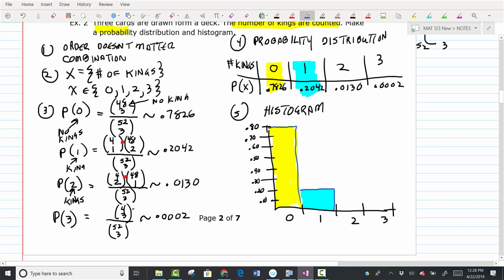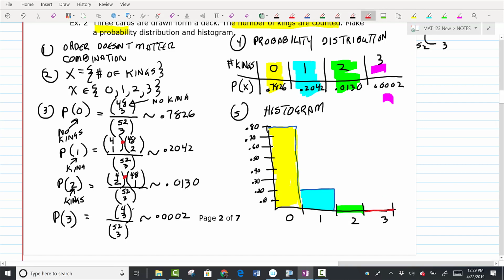Then the other ones are so tiny you'll hardly even see anything on them. This one is like 1%, so I'll just do it like that. That's not drawn to scale, but that's good enough. And then the very last one would be practically just a line.